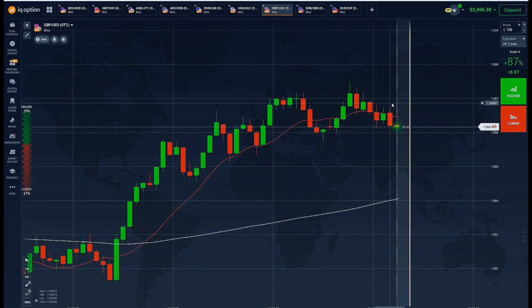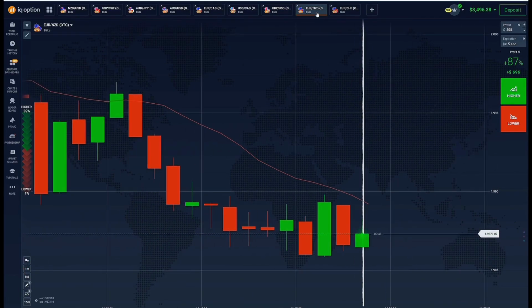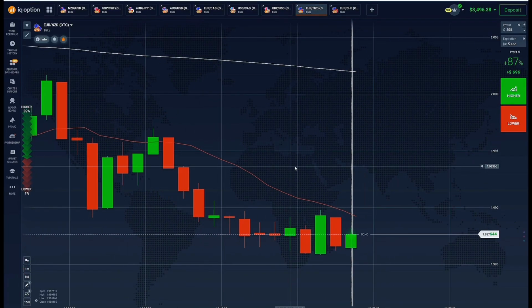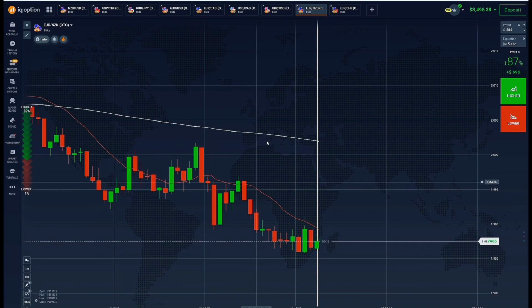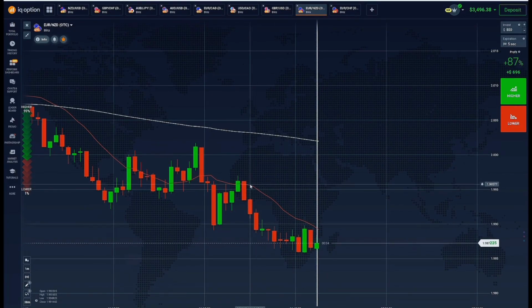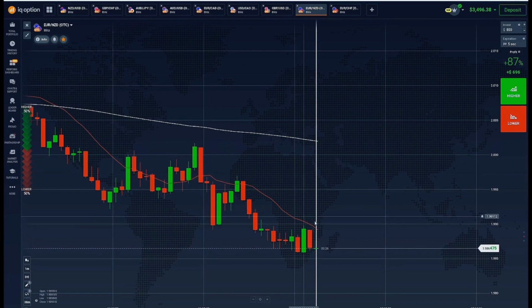Having understood that, we are going to look at a different pair to see if there is an opportunity. From what we explained earlier, you will notice that the red is below the white. In this kind of market, we are looking for selling opportunities. But this red is so far apart from this white.